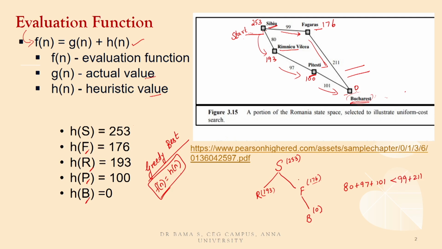Although this is going to be the result of greedy, it is not optimal. The optimal value is this path, and in this session we will see how to arrive at this optimal path. So, in that direction we will go.